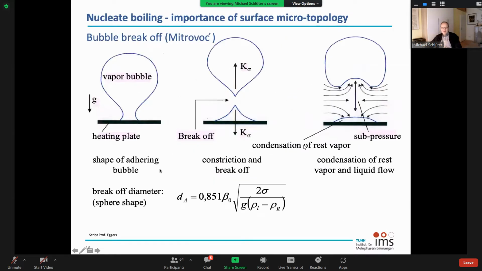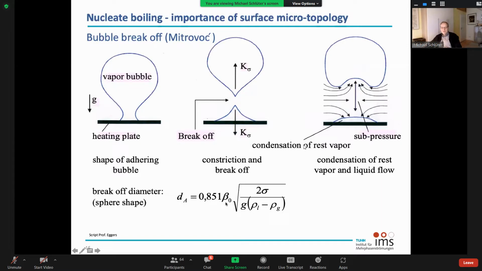Let's have a look back to this. Here you see square root of 2 sigma divided by g and the density difference. This was a break-off diameter of the vapor bubble. So this is a characteristic length that we find for pool boiling, and so we can use this diameter.